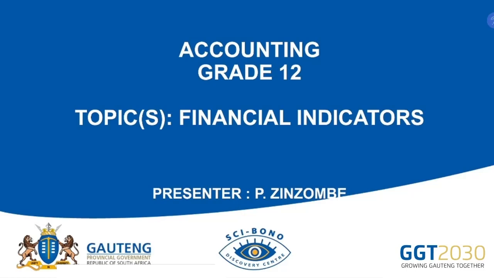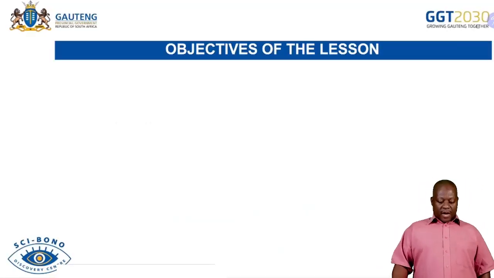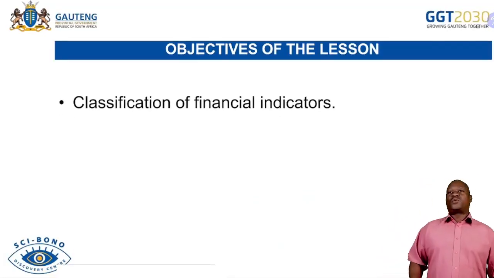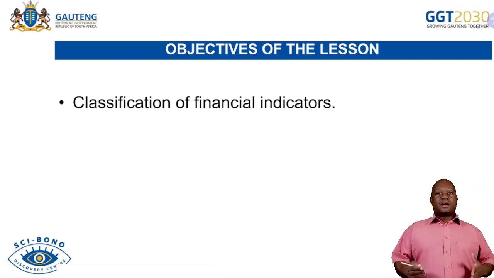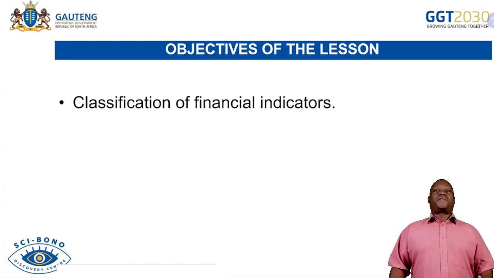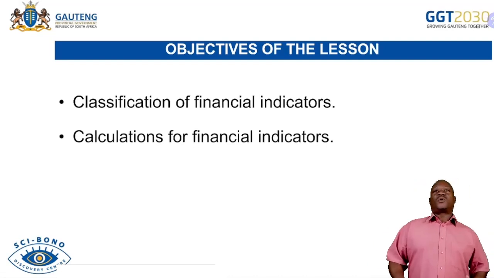Now, today's lesson objectives are as follows. We are going to look into the classification of financial indicators as the first thing. The second thing is to look into how we go about calculating financial indicators.